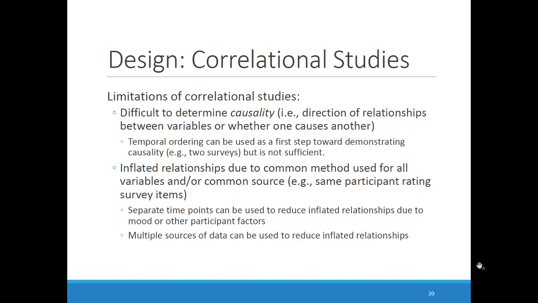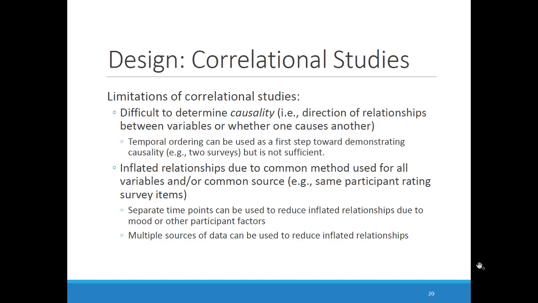Inflated relationships can also happen due to the common method that is used for all variables or a common source. So for instance, the same participant is rating the survey items. So we have an example of people rating their personality and then telling us about their own productivity at work.